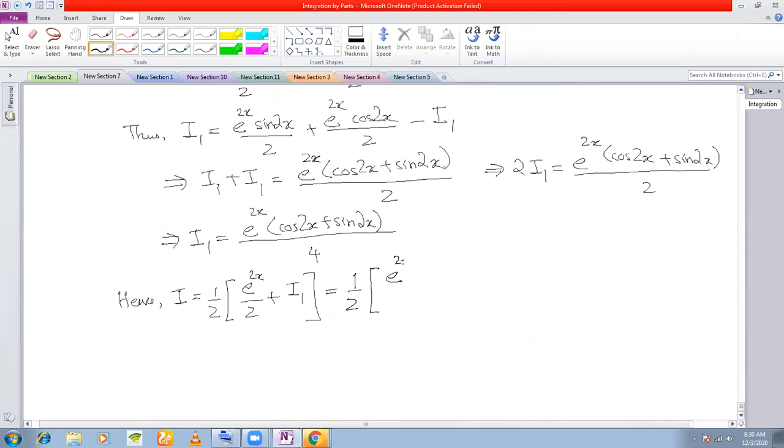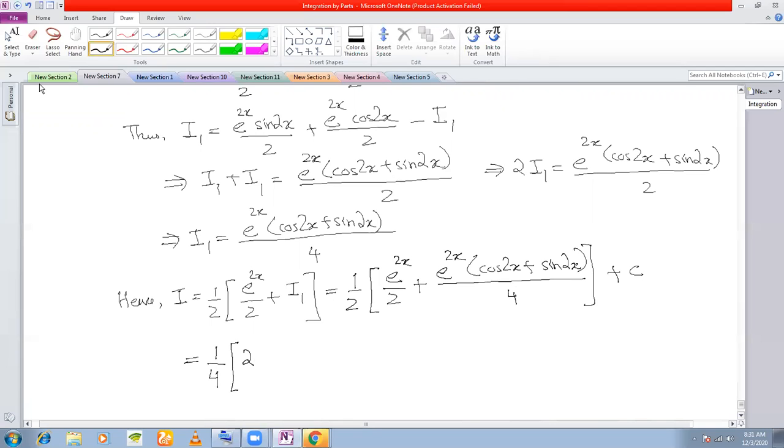Half e to the power of 2x by 2 plus e to the power of 2x cos 2x plus sin 2x divided by 4, and you can add a constant of integration here. Okay. So if you want to express it in a better form, you can take 1/4 common.